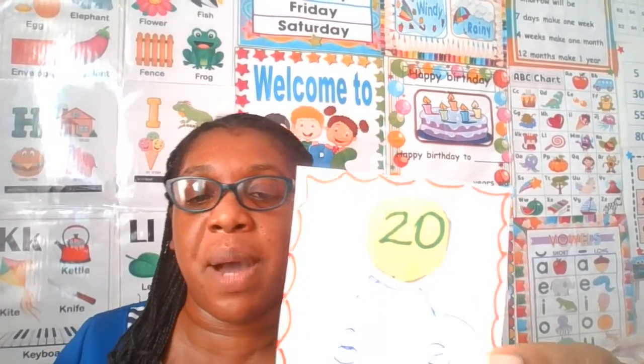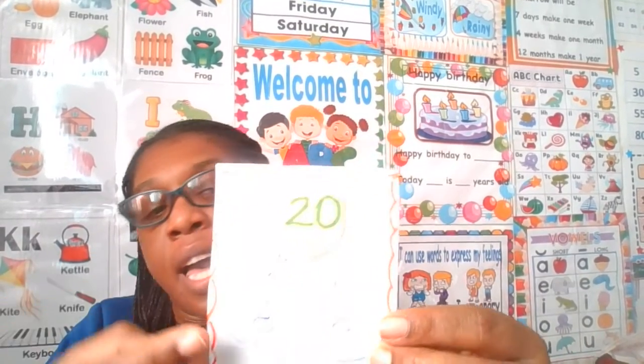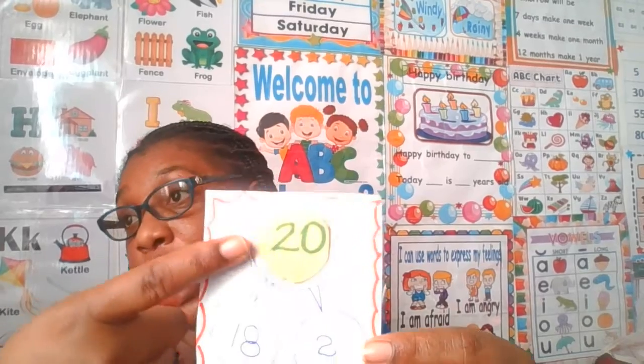Number bonds, number bonds, that make 20. Each half, two halves make a whole.